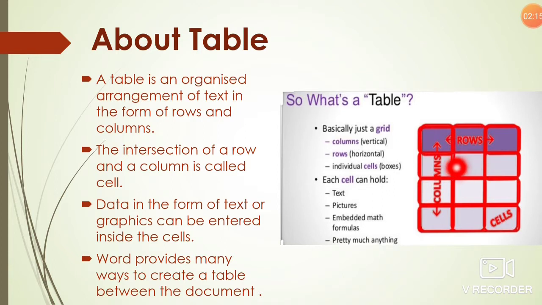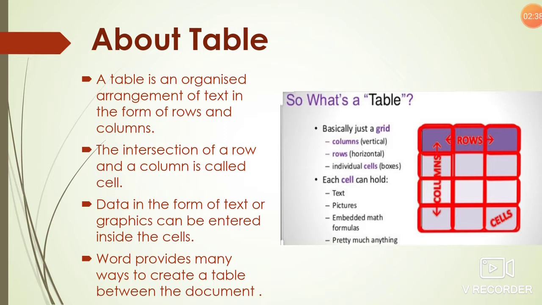This square is known as a cell, and the horizontal arrangement of cells is known as a row, and the vertical arrangement of cells is known as a column. So we say that the intersection of a row and column is called a cell, and the data in the form of text or graphic can be entered inside the cell.